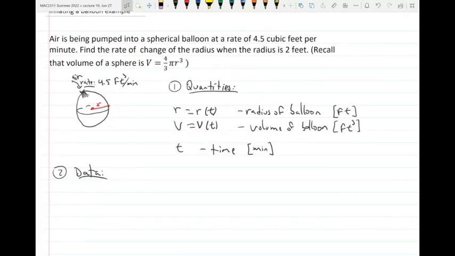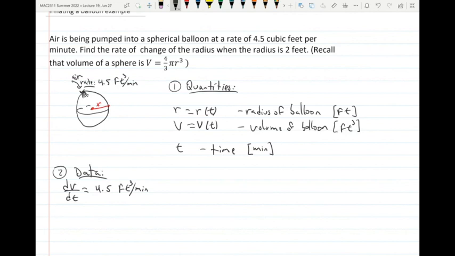With respect to t, so that's dV/dt. Does everybody understand this? So we're being told that dV/dt equals 4.5, right? 4.5 cubic feet per minute. In other words, it's constant, right? So the rate at which the volume is changing is constant.